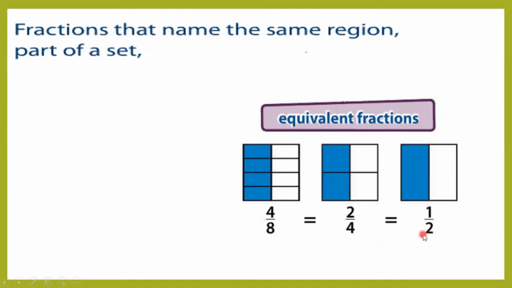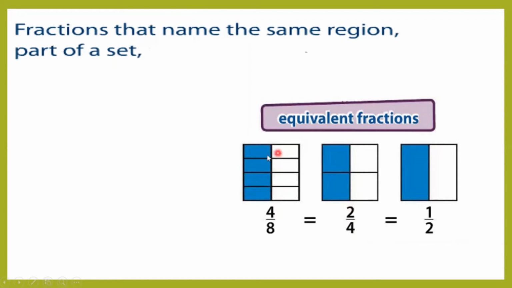And here we have the same rectangle, but we cut it into fourths. Each part represents 1/4. Here we have 2/4. 1, 2. It will be 2 out of what, teacher? Out of the total number of parts. 1, 2, 3, 4. 2 out of 4.